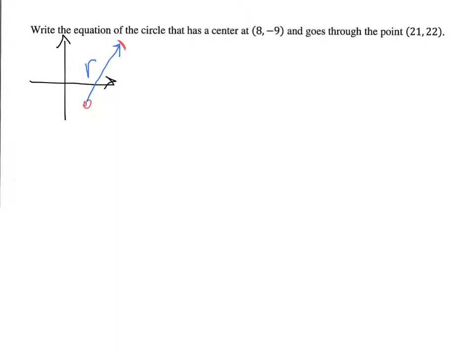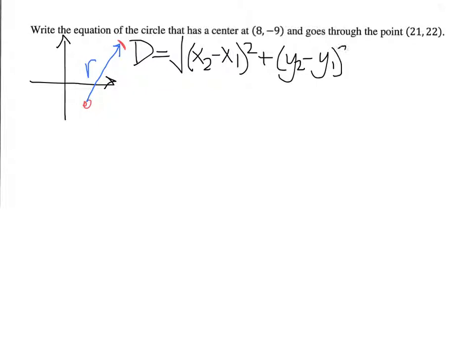Well, to find that radius, what formula do you know? You know the distance formula. What's the distance formula? D equals the square root of the quantity x sub 2 minus x sub 1, quantity squared, plus y sub 2 minus y sub 1, quantity squared.